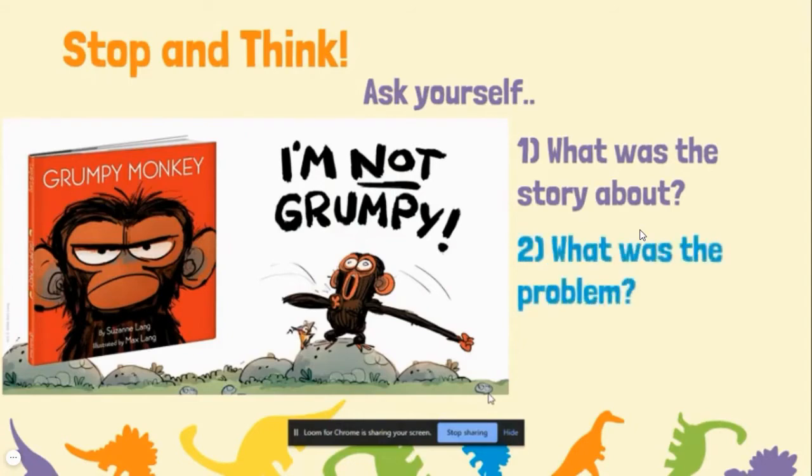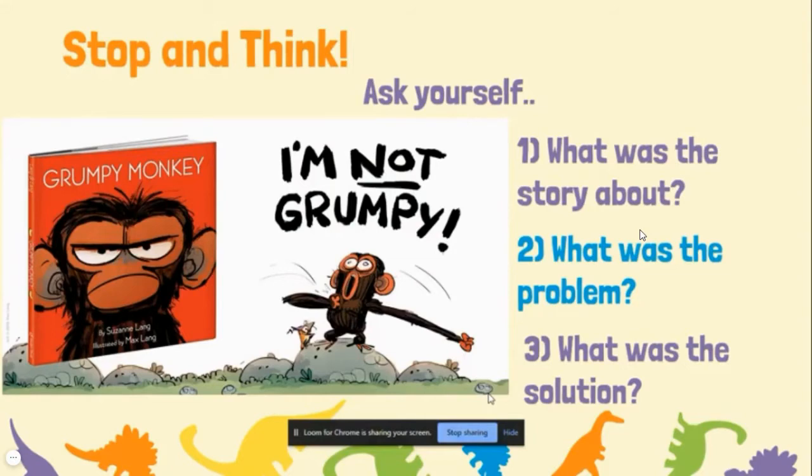Number two, what was the problem? And number three, what was the solution? These are the three questions that you need to ask yourself after you read a story in order for you to retell the story. Okay? You always need to say what the story was about, the problem in the story, and how the problem was solved.